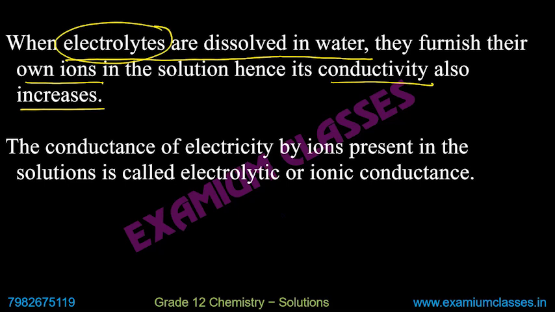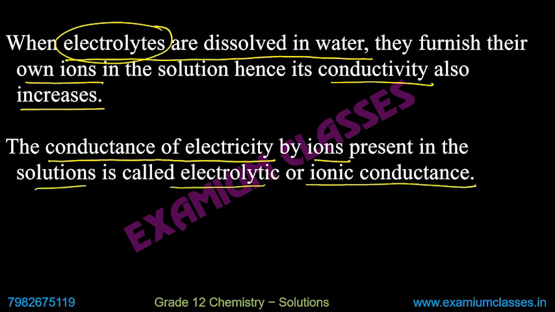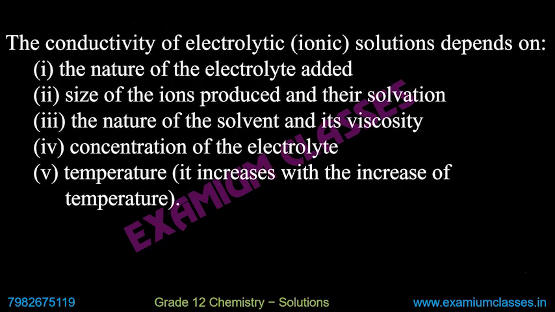Sodium chloride, for example, if we dissolve, its conductivity will increase because the number of ions will increase. The conductance of electricity by ions present in the solution is called electrolytic or ionic conductance. Here also we will be talking about conductance, but we will call it ionic conductance because it is due to ions. However, going forward, you will see we will use only the term conductance, not ionic, even though we will be talking about electrolytic solutions.